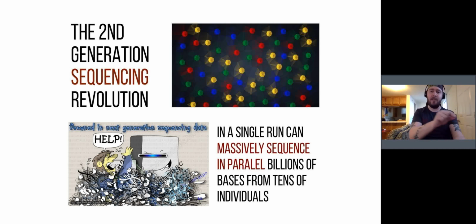We no longer had to sequence each gene by itself or each individual by itself. We could just do this in massively parallel sequencing. So we could pool a bunch of individuals together, and we could sequence all genomic information from those individuals at very fast rates. And actually, technology is getting much cheaper. So today we can cheaply sequence genomes from hundreds of individuals in one single run.